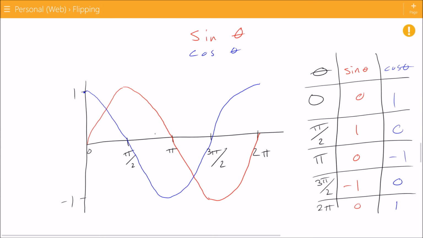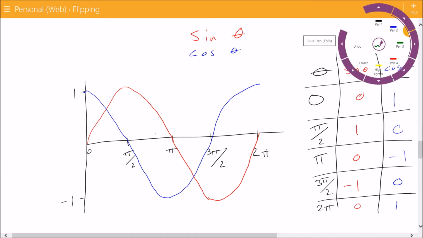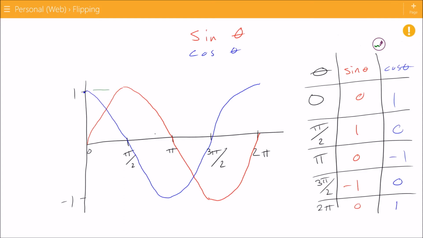So notice that if I look at my graph here, the sine is in red, the cosine is in blue. If I shift my sine a little bit to the left, exactly pi over 2 to the left, it's going to match up.